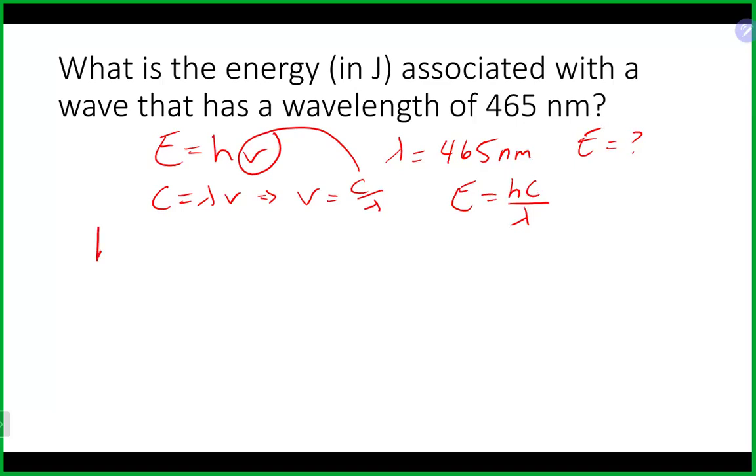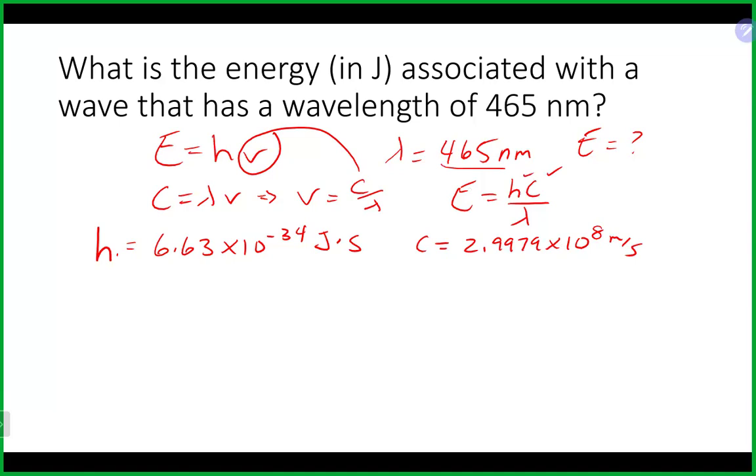So h, once again, is Planck's constant, which is 6.63 times 10 to the minus 34 joules times seconds. c is our speed of light, which is also a constant, 2.9979 times 10 to the 8 meters per second. We have the wavelength, but once again, a reminder, when we use it in this formula, it does need to be in meters, so we want to do that conversion.